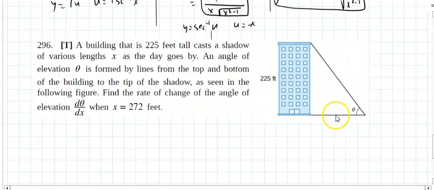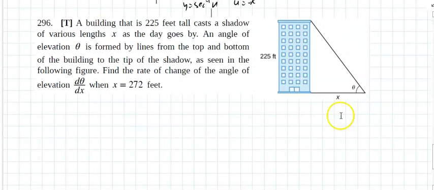We have one application problem. It's kind of fun. Kind of. Depends on who you ask. Well, a building that's 225 feet tall casts a shadow of various length x depending where the sun is as the day goes by, correct? And the angle of elevation, just so you would know, angle of elevation is when I'm looking straight and I look up.